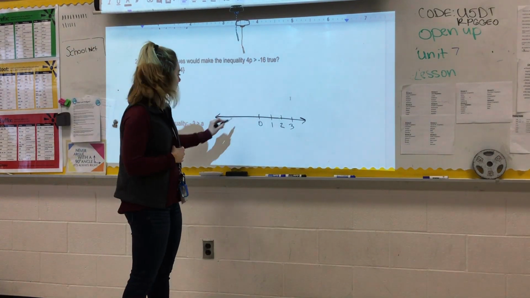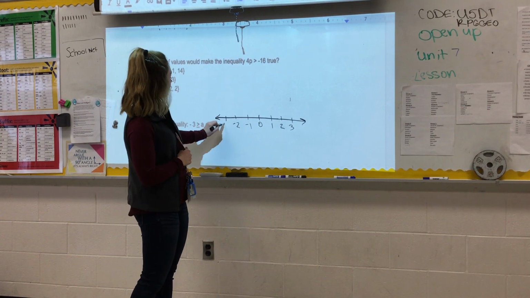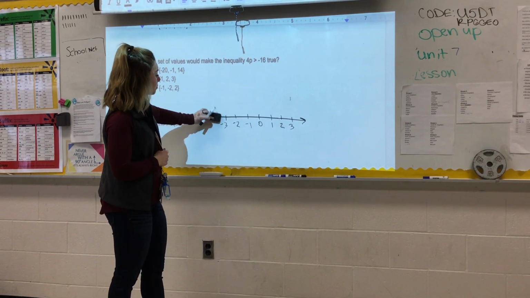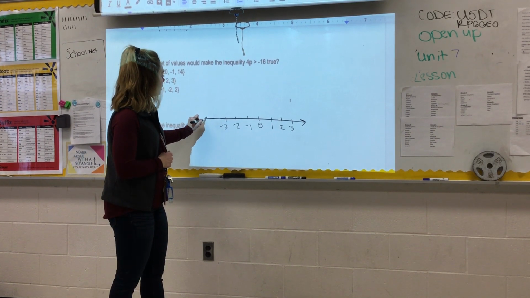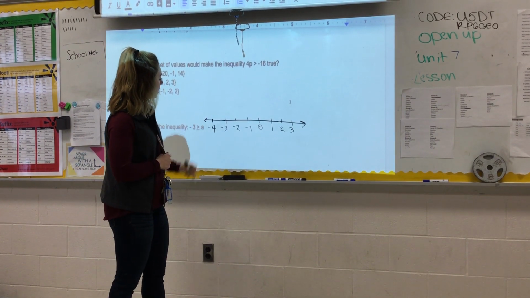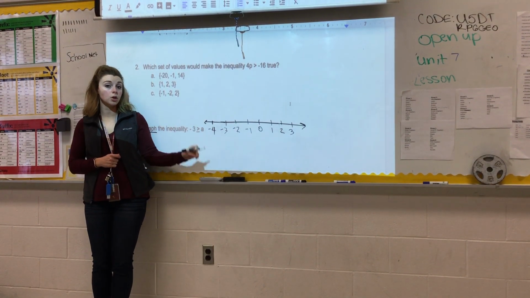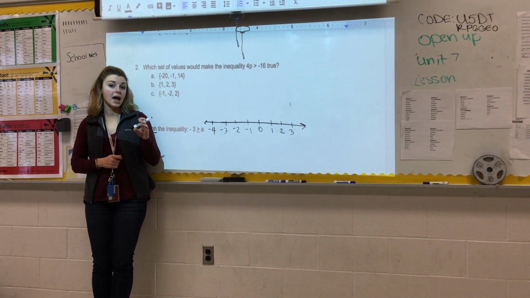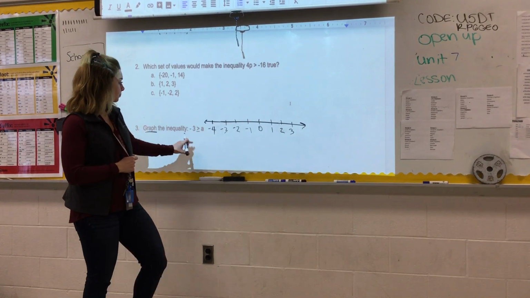Because all it is is plotting the points on a number line. So we've been plotting points on number lines since like, I think literally kindergarten. So all that's different is that you're going to either have an open circle or closed circle on the dot, and you are going to make sure the arrow has the right direction.